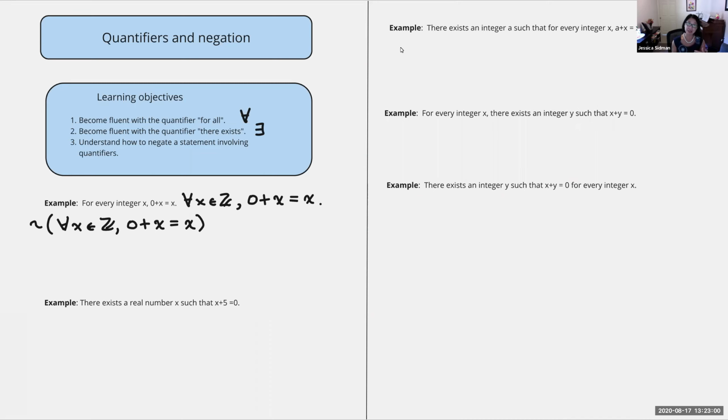So in logical notation, we might write the negation as something like this. There exists an integer x, and I'm going to use s.t. for such that, 0 plus x is not equal to x. So this is equivalent to the negation of the statement.